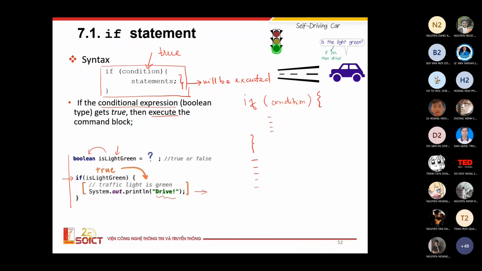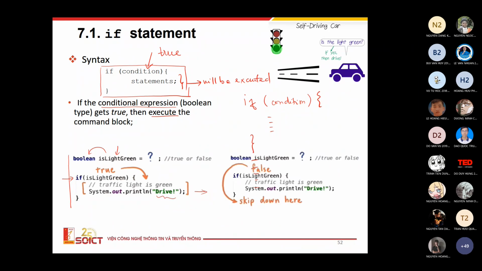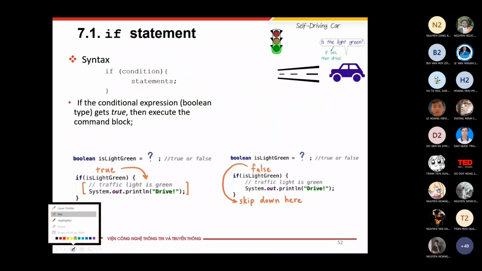And if here the value of light green is false, for example, here I get the value true, and here I assign the value false. So if light green is false, you will not print out drive.